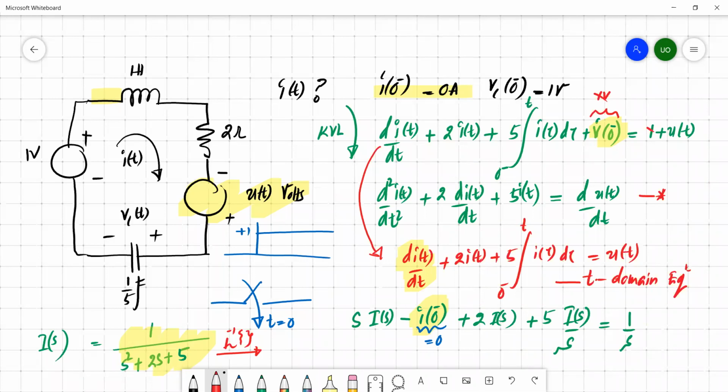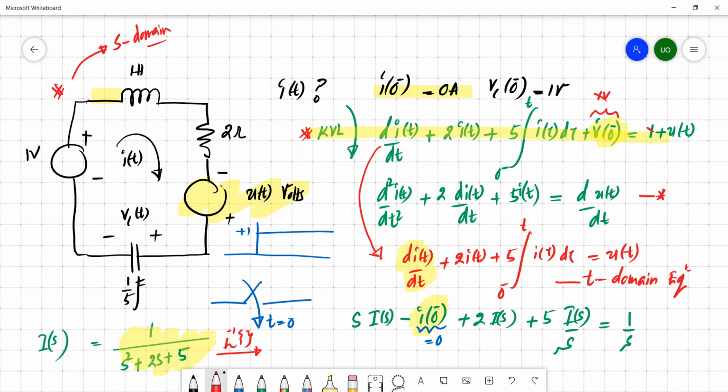Now our aim is, without obtaining this time domain equation, is there any way of directly converting this time domain circuit to the S domain? This is the whole purpose of doing this transform.